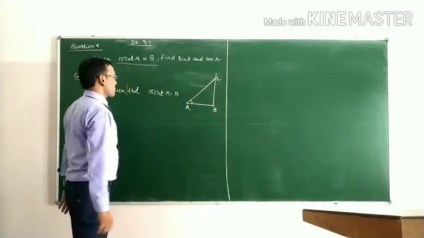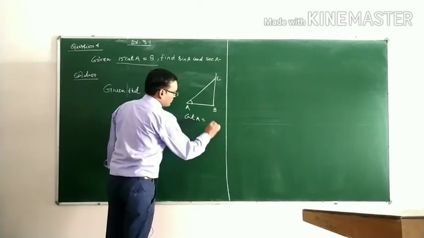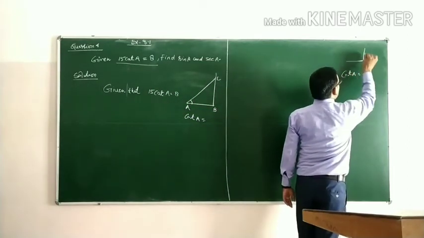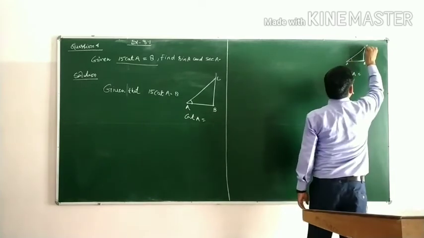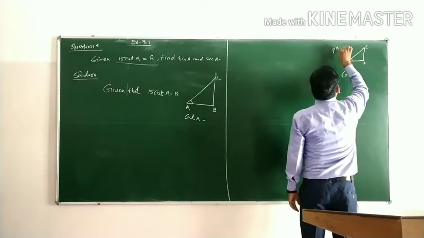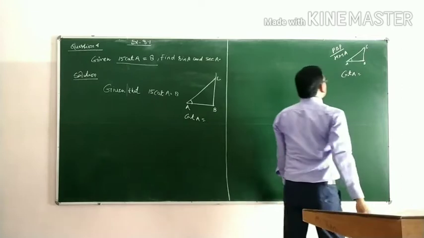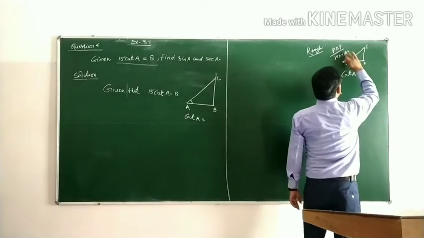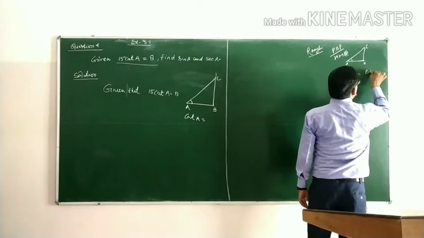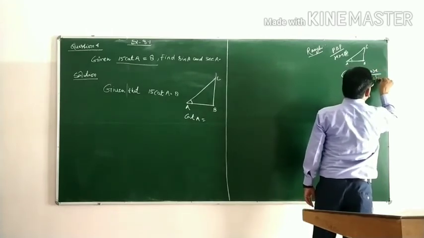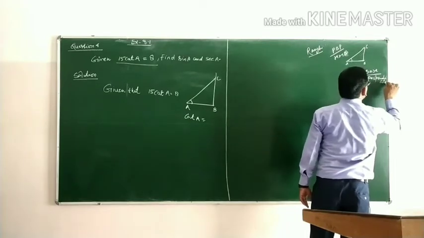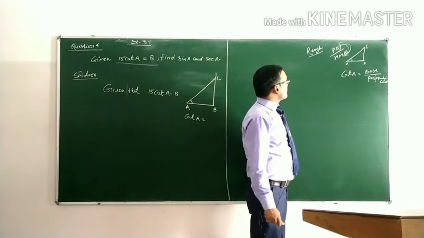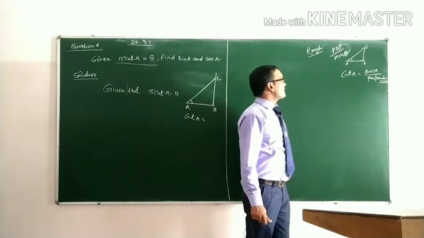For angle A, we know that cot A equals, in a right angle triangle ABC, base upon perpendicular side, that means B upon P. This is rough work.